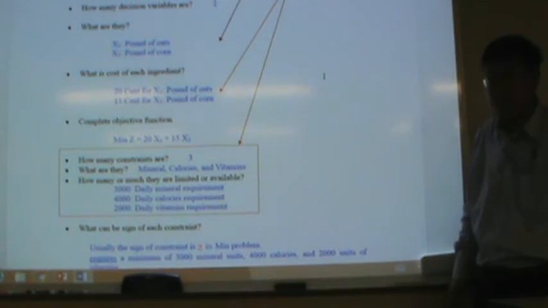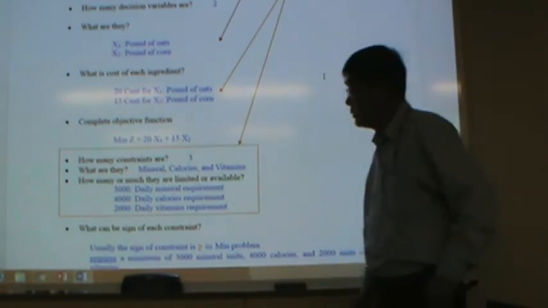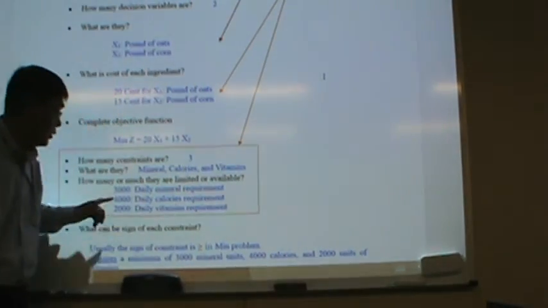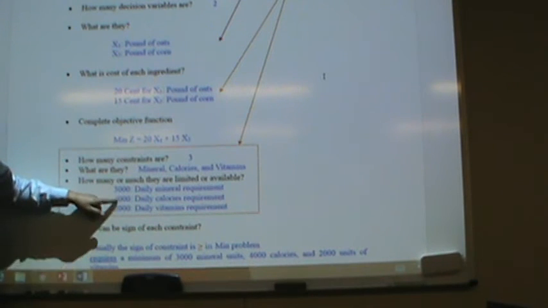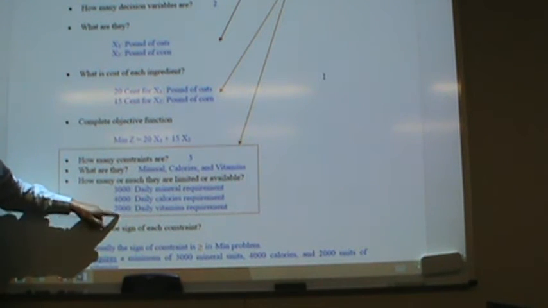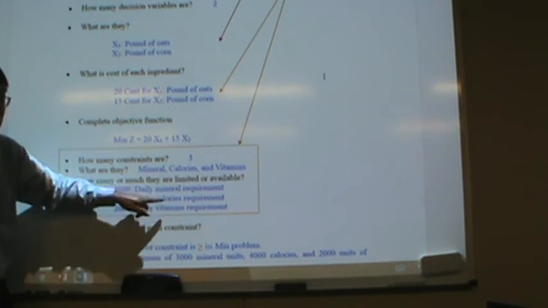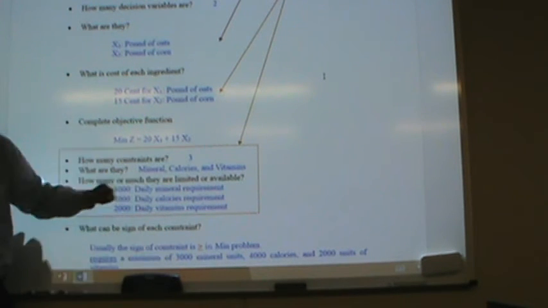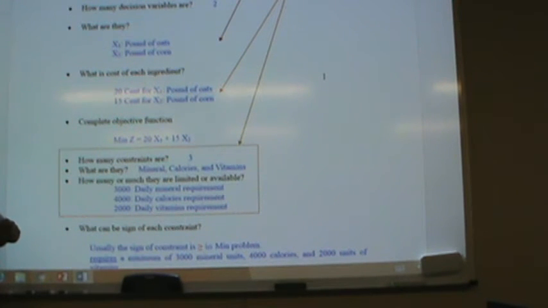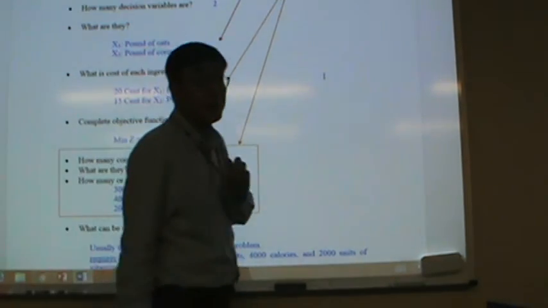The requirements are 3,000, 4,000, and 2,000: the daily mineral, daily calorie, and daily vitamin requirements. They are constraints.